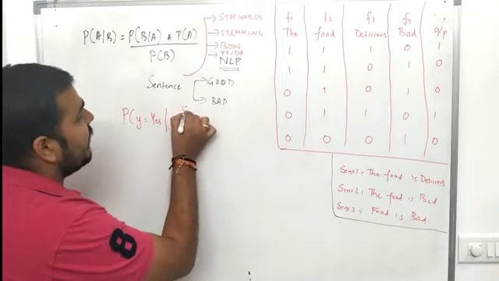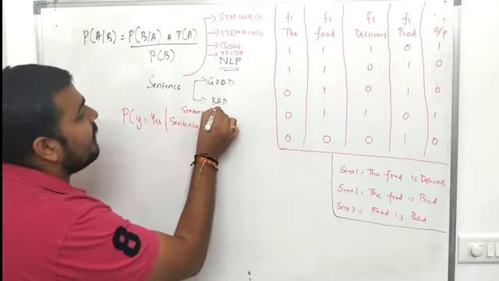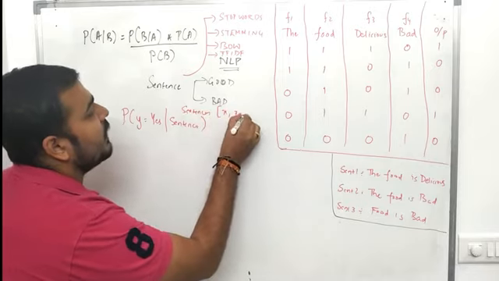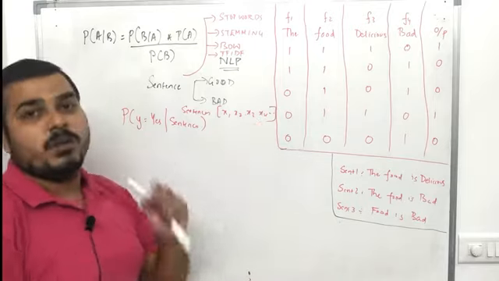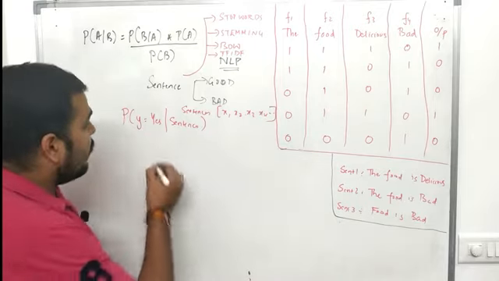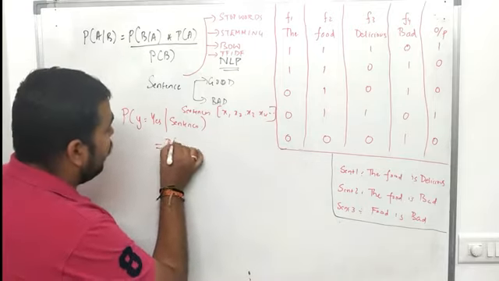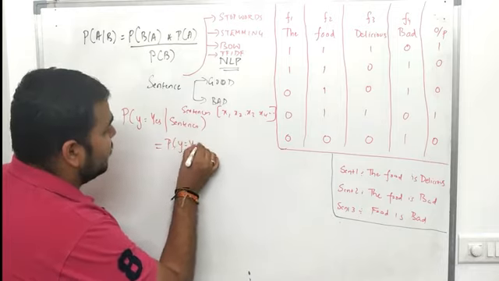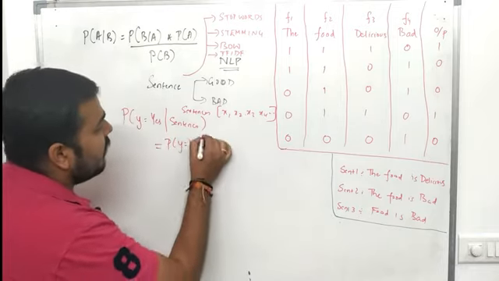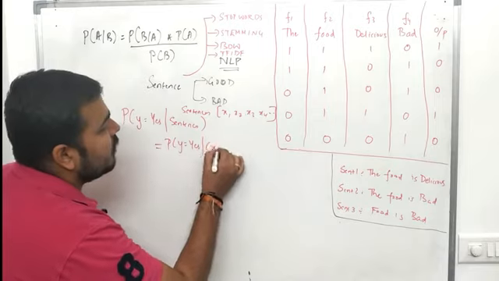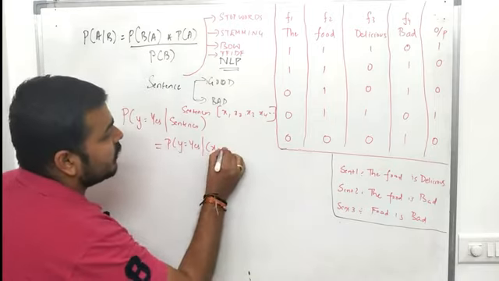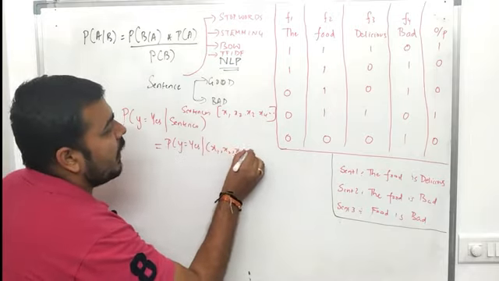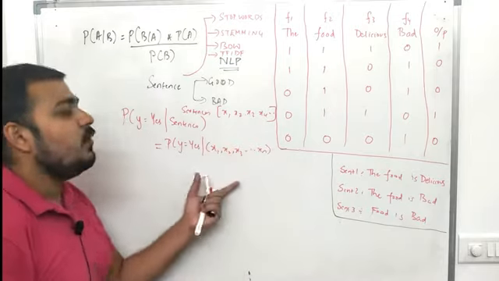And remember, in a sentence I may have many words, x1, x2, x3, x4 up to xn. So I can write this as the probability of y equal to yes, considering the Bayes theorem, given my sentence which is formed with a number of words x1, x2, x3 up to xn. I need to find this.